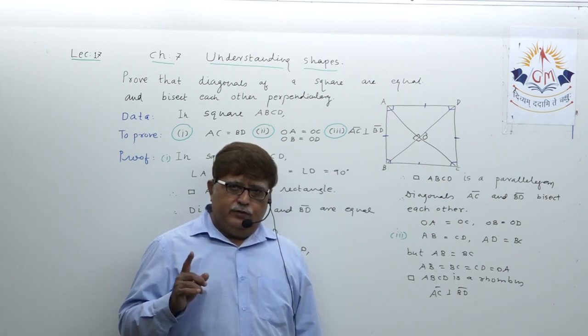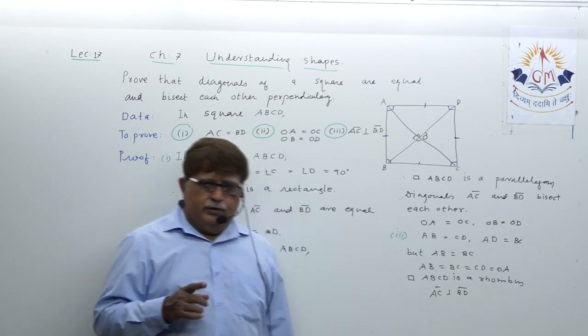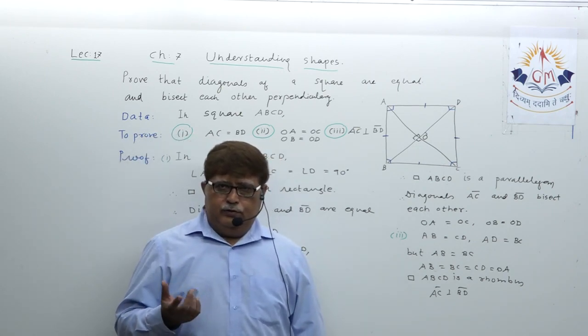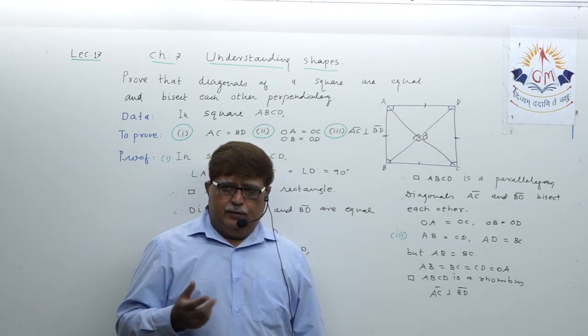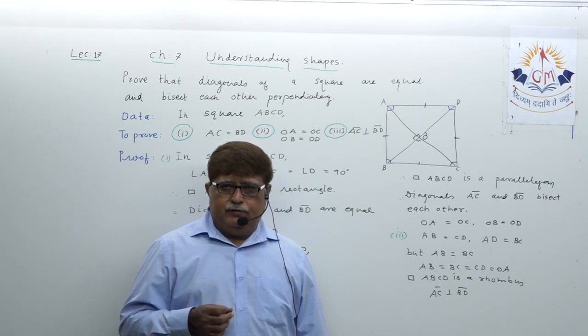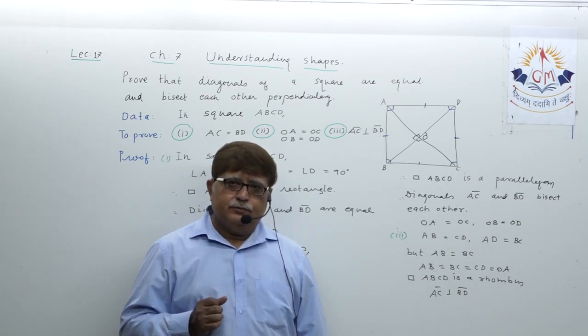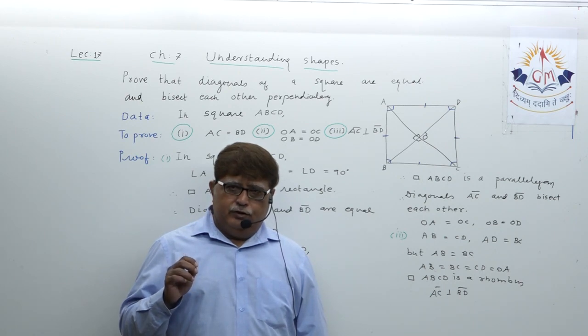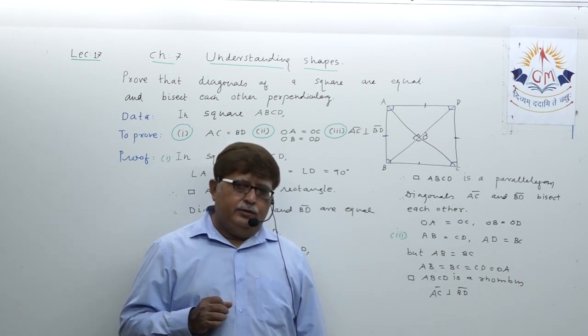Come to the rhombus: opposite sides are parallel, all sides are equal, diagonals bisect each other perpendicularly.